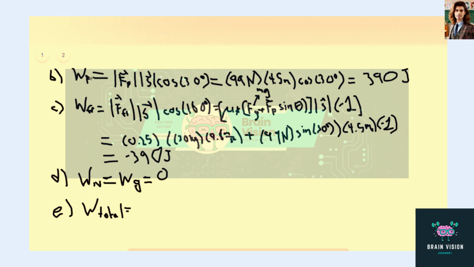It will be equal to Wp plus Wfr plus these two works, which are just 0. So we have Wp plus Wfr, and that is equal to 390 joules minus 390 joules. So just like in the previous problem, the total work being done on this crate that's moving at a constant velocity is equal to 0.